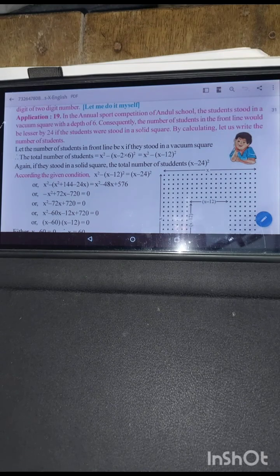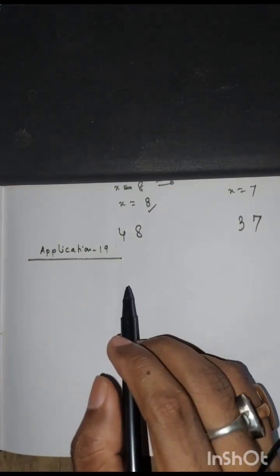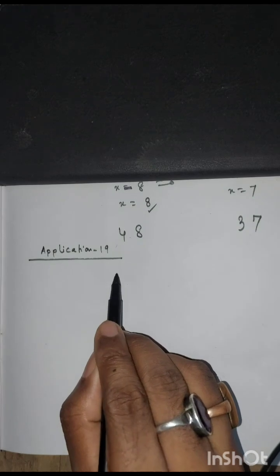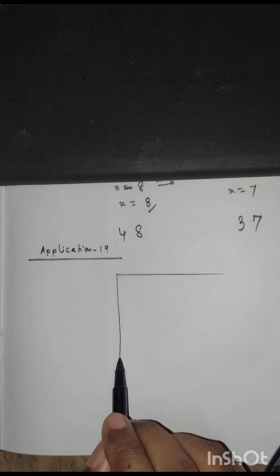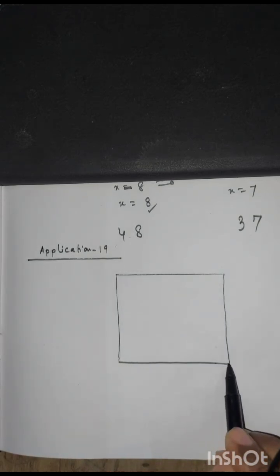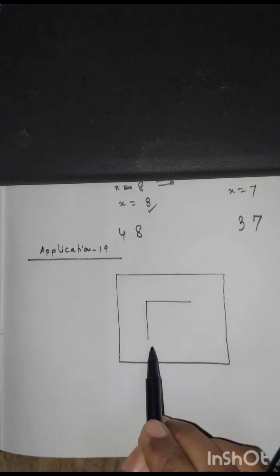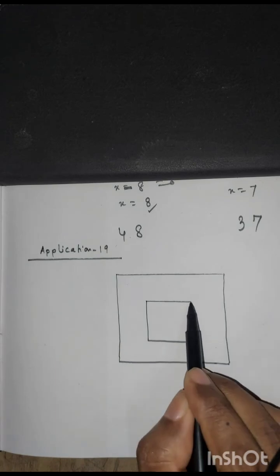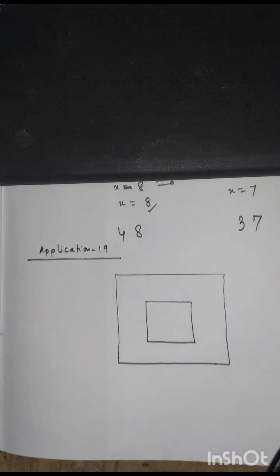Let us write the number of students. Let us draw it. Let us assume this is a vacuum square. That means there is a vacant position within the bigger square.